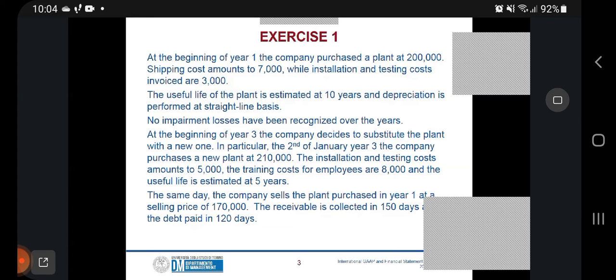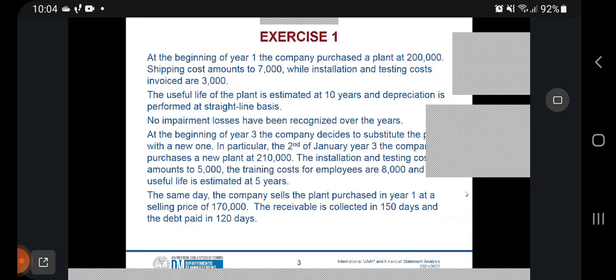On the same day, the company sells the plant purchased in year 1 at a selling price of 170,000. And then the receivable is collected in 150 days and the debt paid in 120 days.